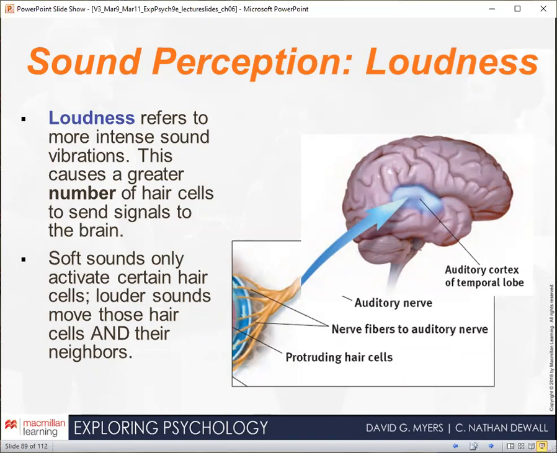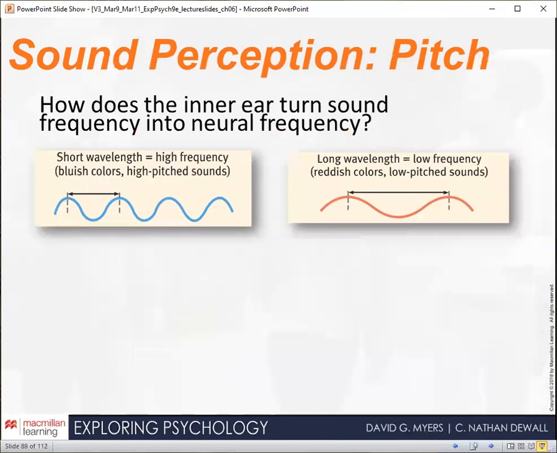So what this comes down to is that these are ways in which we've determined how we are interpreting loudness. What is the actual process that's going on, and how about soft sounds? There are a variety of takes as to how these things are accomplished as we hear a variety of sounds with a certain loudness and pitch and tones. So how does the inner ear turn sound frequency into neural frequency?